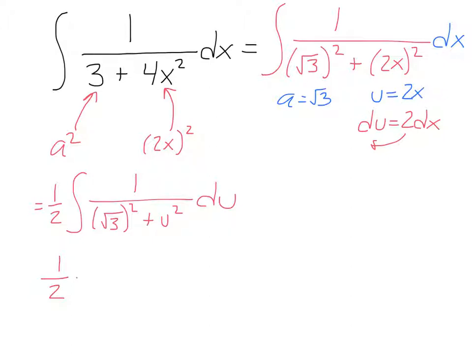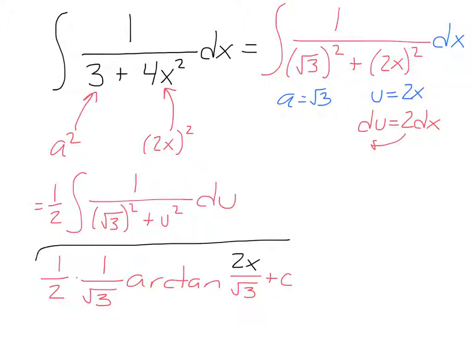So arctangent said it's going to be 1 over a, which is root 3, arctangent of, in this case, u over a plus c. And I would go ahead and replace the u now with 2x. And this would be our antiderivative in terms of x.